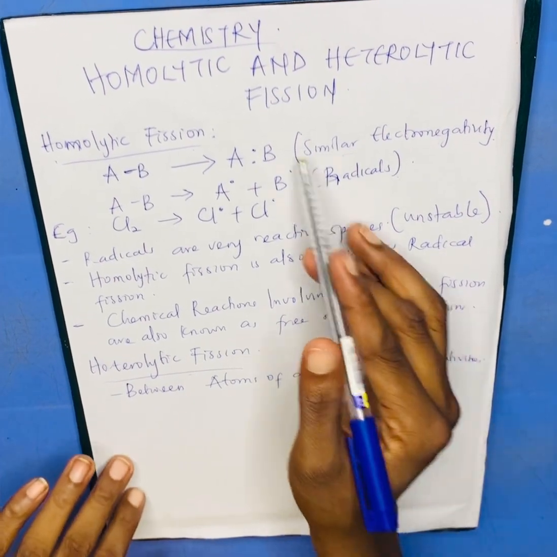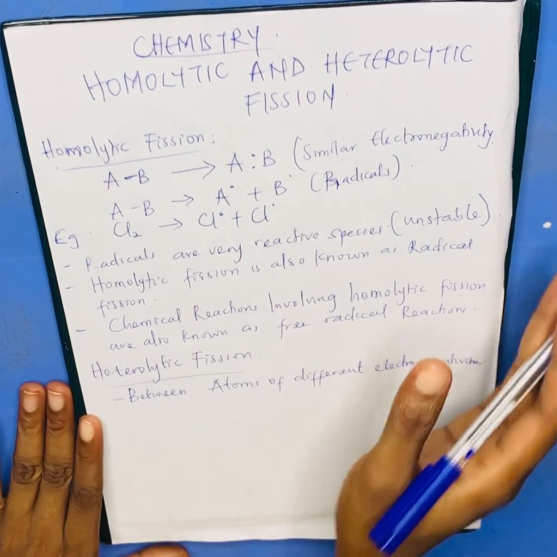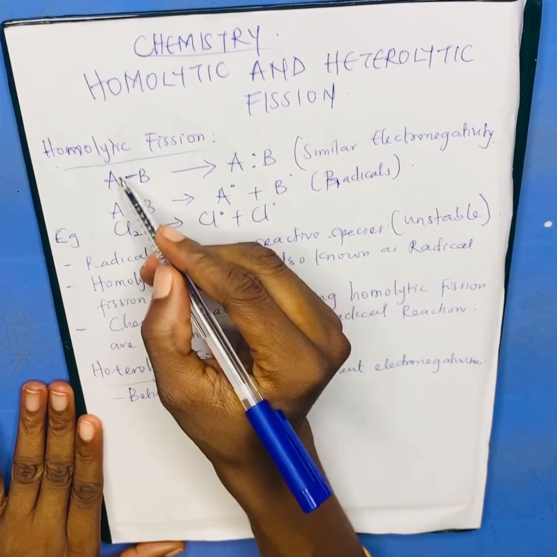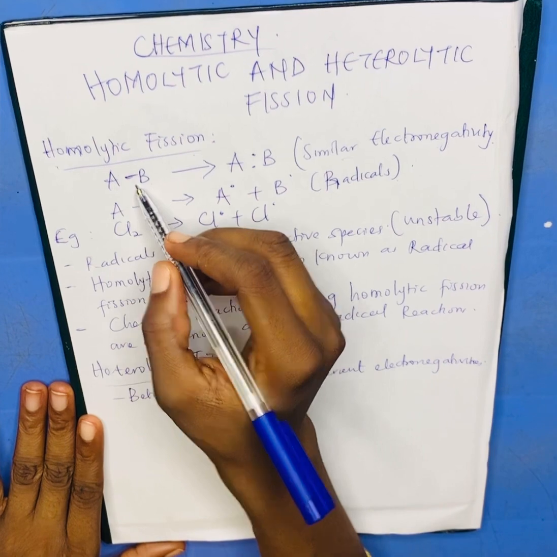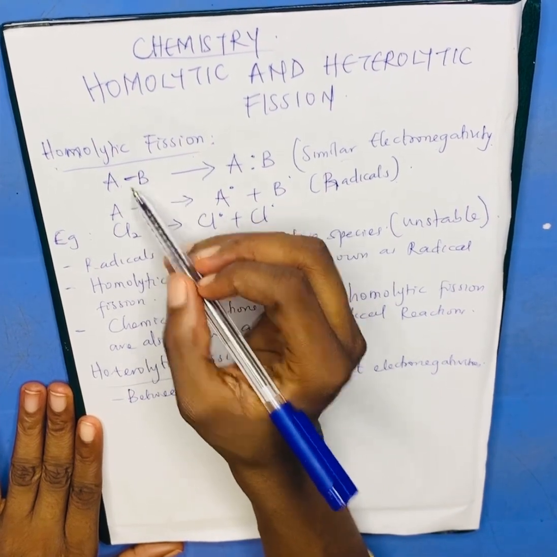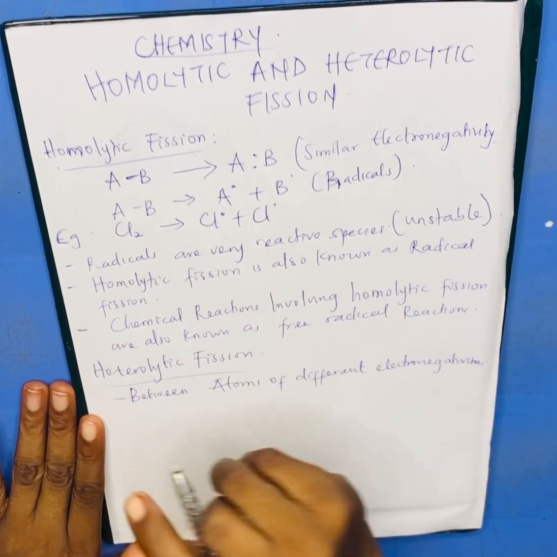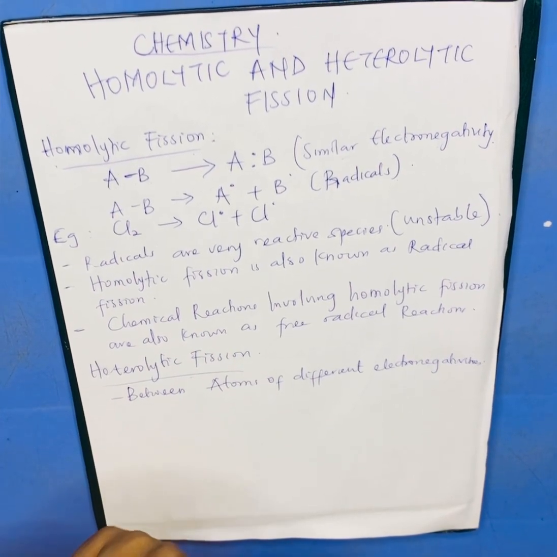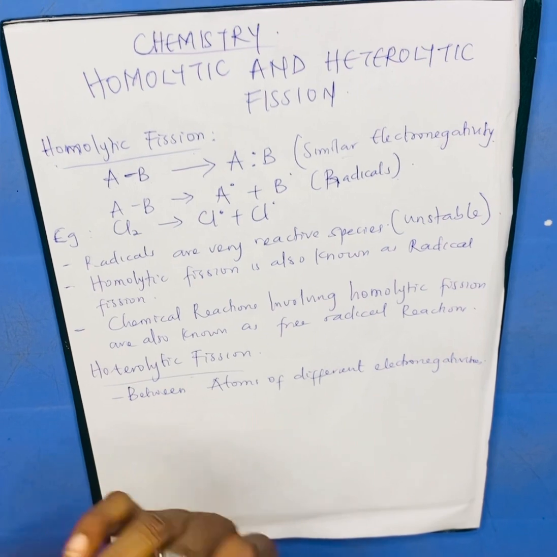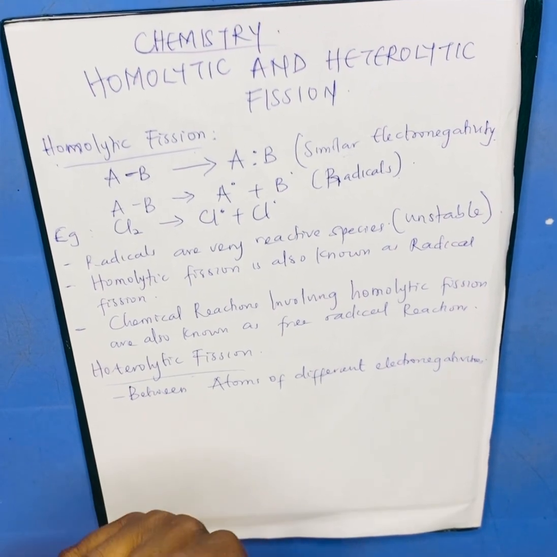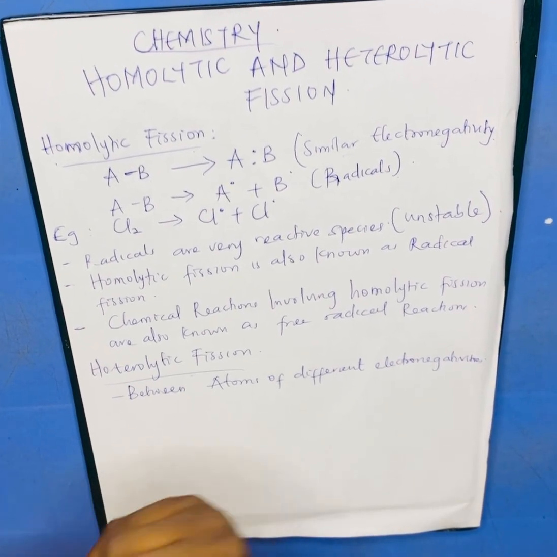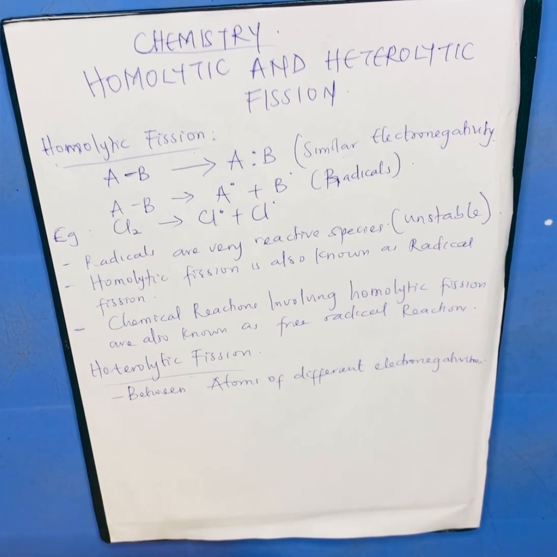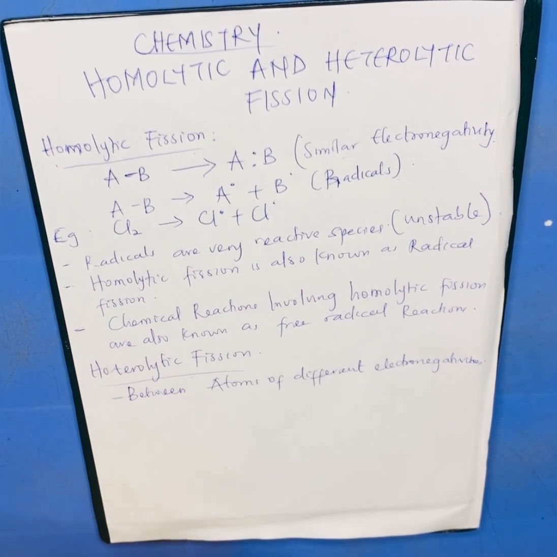Unlike here where we have sharing of electrons between these two atoms, where one contributes its own electron and another contributes its own electron, here we have transfer of electrons between the more electronegative atom and another one that is not so electronegative. They have two different electronegativity values.